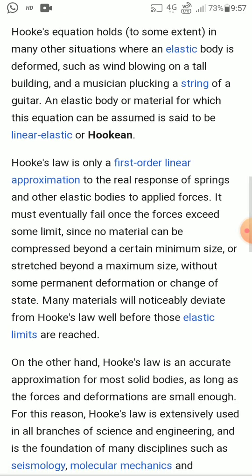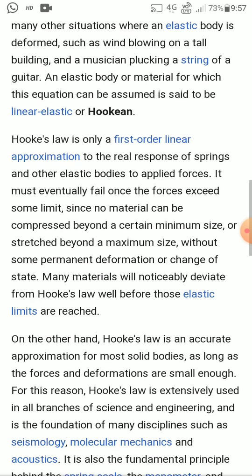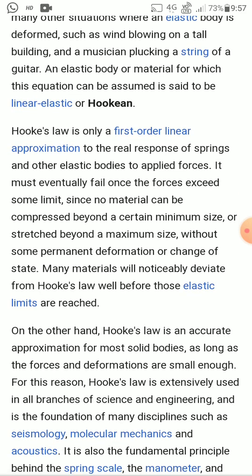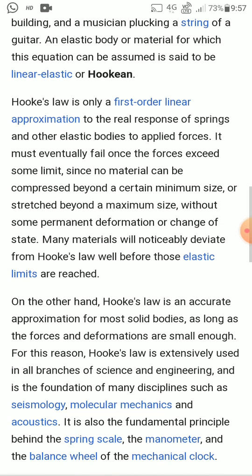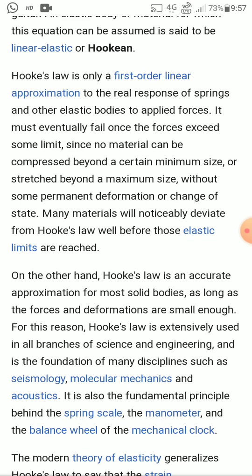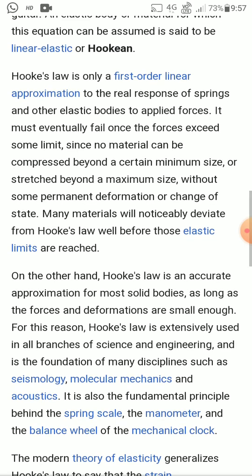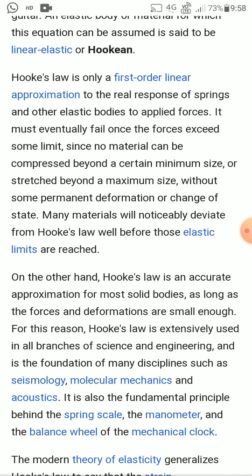Many materials will deviate from Hooke's law well before those elastic limits are reached. On the other hand, Hooke's law is an accurate approximation for most solid bodies, as long as the forces and deformations are small enough.